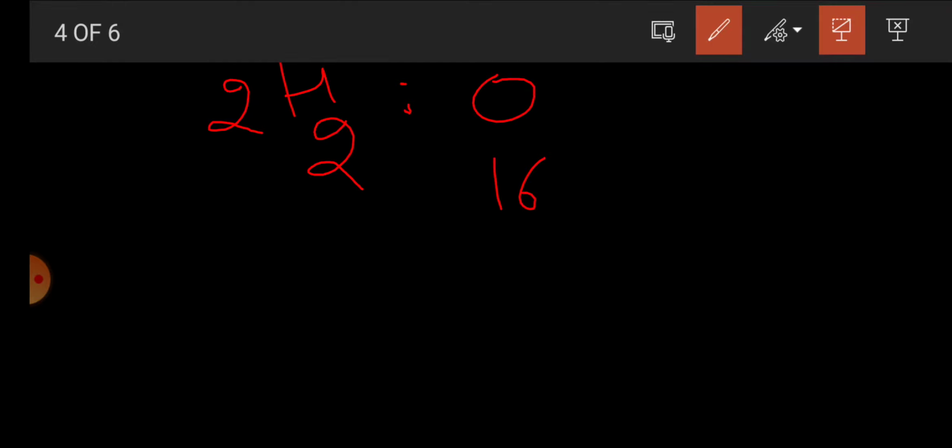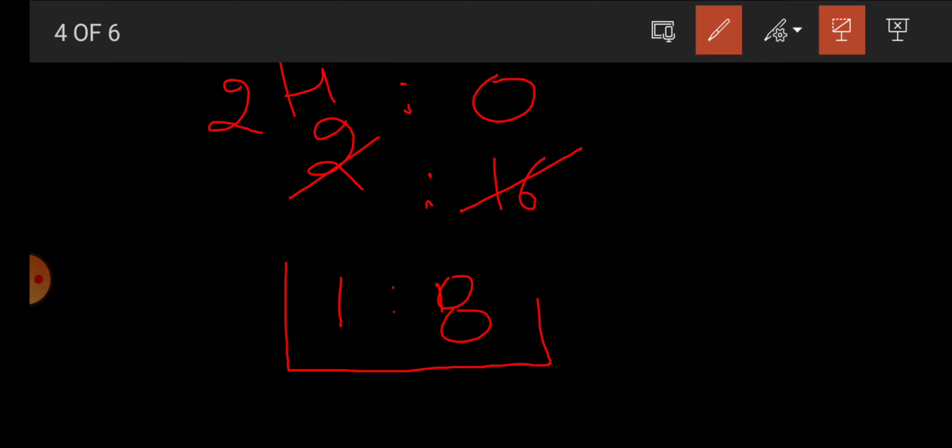To convert it into the simple ratio, we cut them by the table of 2, so this is 1 by 8. We cannot make it any simpler. So if water is formed in a different way, in any chemical reaction, the water will always have 1:8 by mass.